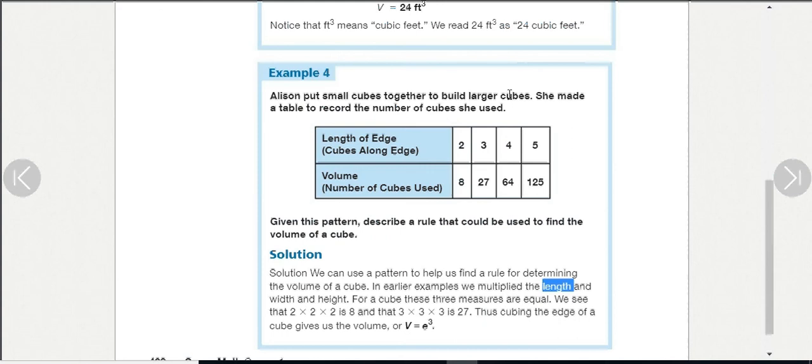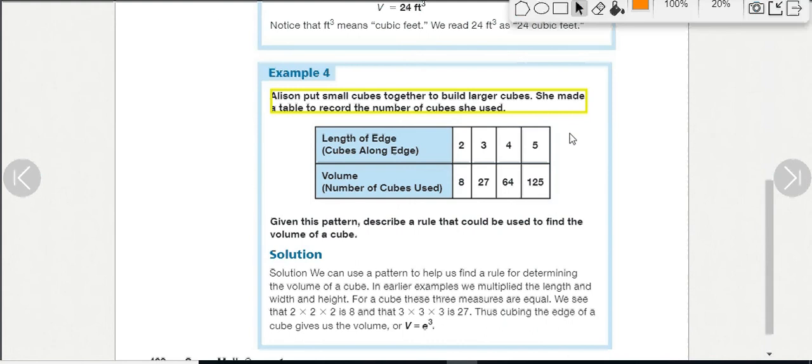Okay, notice she said we're using a cube, right? And cubes mean like in a square, length and width are the same. Well, in a cube, the height is also the same. Okay, so if the volume is 8 and the length of an edge is 2, makes sense because 2 times 2 times 2 would be volume.